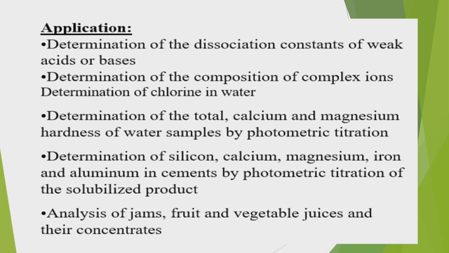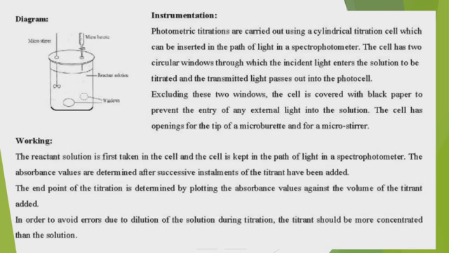Determination of the dissociation constant of weak acids or bases, determination of composition of complex ions, determination of chlorine in water, determination of total calcium and magnesium hardness of water sample by photometric titration, determination of silicon, calcium, magnesium, iron, and aluminum in the cement by photometric titration of the solubilized product, and the analysis of jams, fruits, and vegetable juices and their concentrates with the help of photometric titration curve, and the instrumentation and working of the photometric titration.